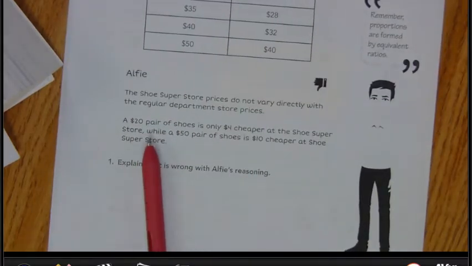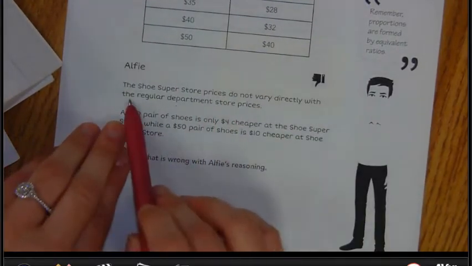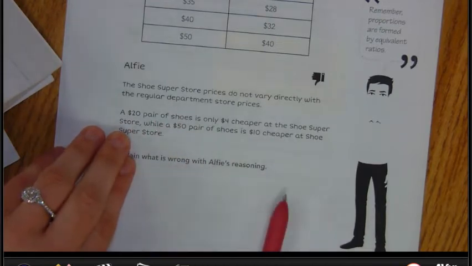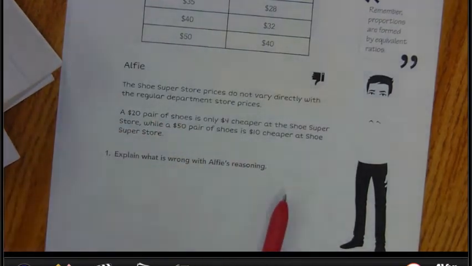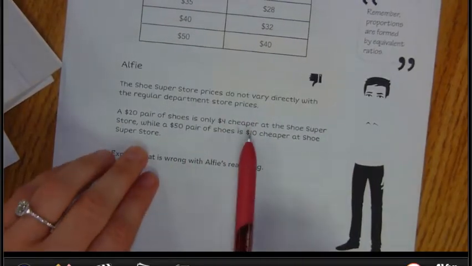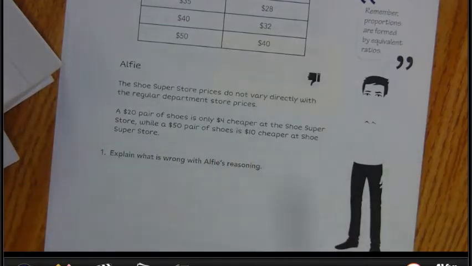He said the shoe superstore prices do not vary directly with the regular department store prices. A $20 pair of shoes is only $4 cheaper at the shoe superstore, while a $50 pair of shoes is $10 cheaper at the shoe superstore. Explain what is wrong with Alfie's reasoning.